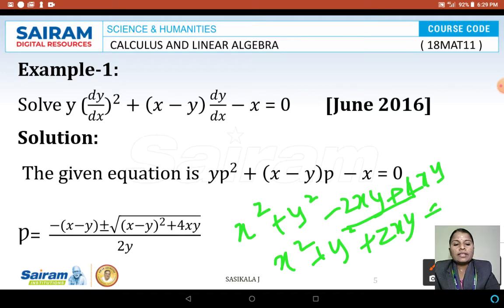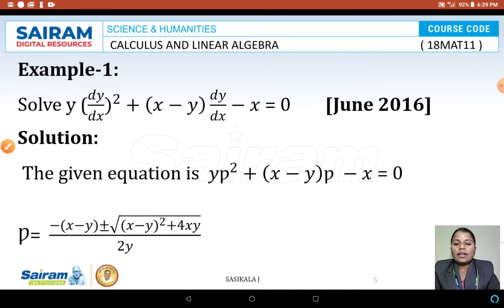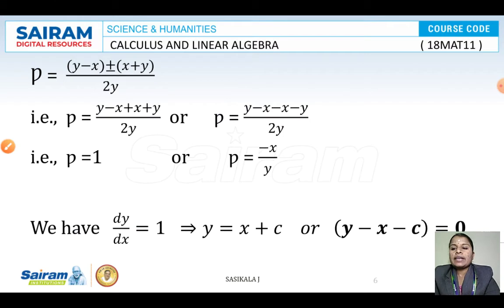This I can write as (x plus y) the whole square. Now the root and square get cancelled. You will get p is equal to y minus x plus or minus (x plus y), by 2y. That is p equals y minus x plus term 1 and minus term. You can simplify.